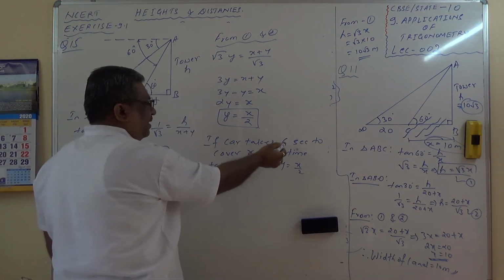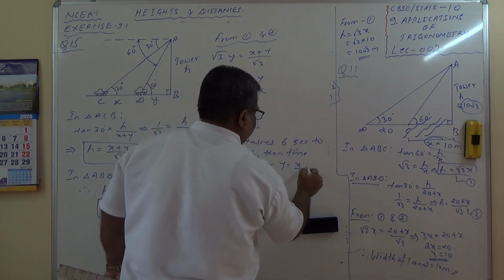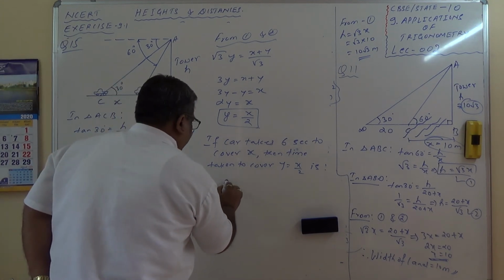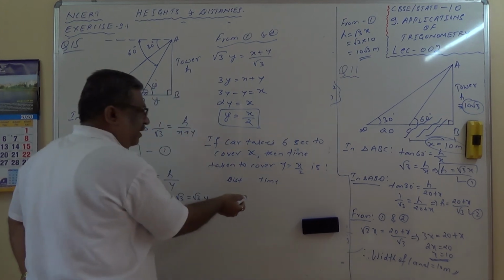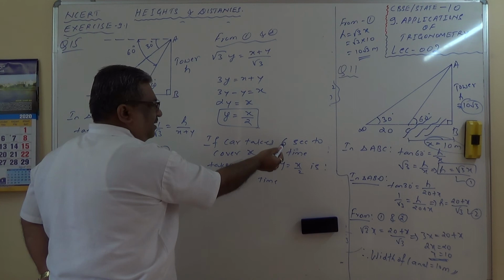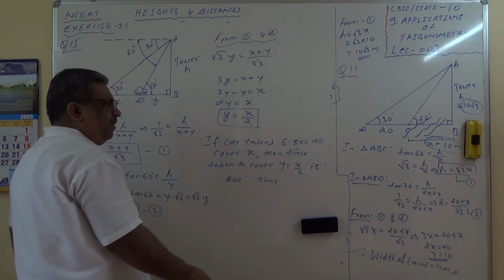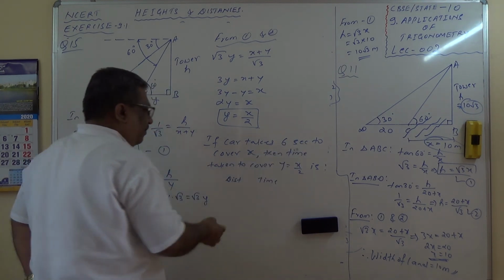X distance takes 6 seconds; for half the distance, how much? I could have simply written 3 seconds, because to cover x it takes 6 seconds, and to cover x by 2, half the distance, it takes half the time. I could have written 3 seconds, but for your information, I am applying the unitary method now.